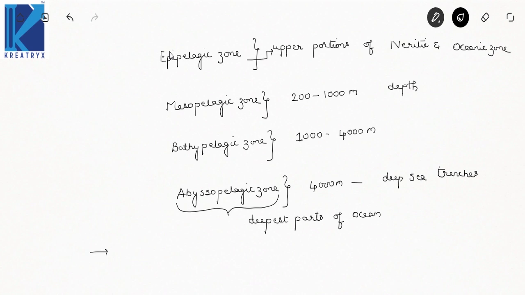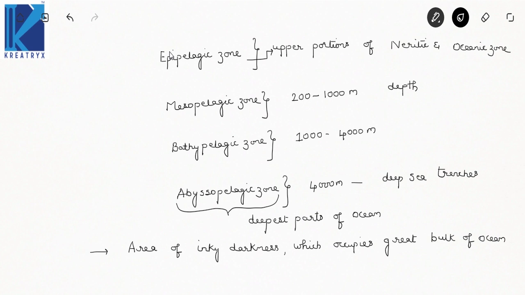The first one is the area of inky darkness that occupies the great bulk of the ocean, called the aphotic zone.